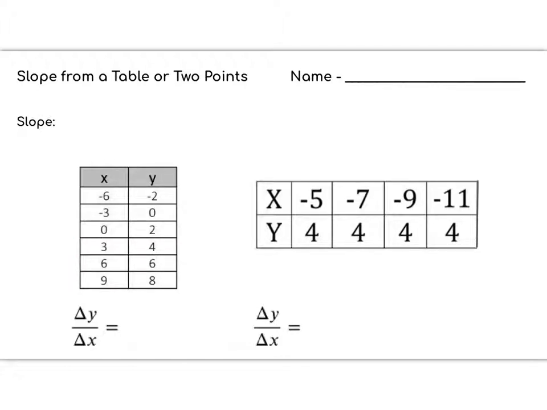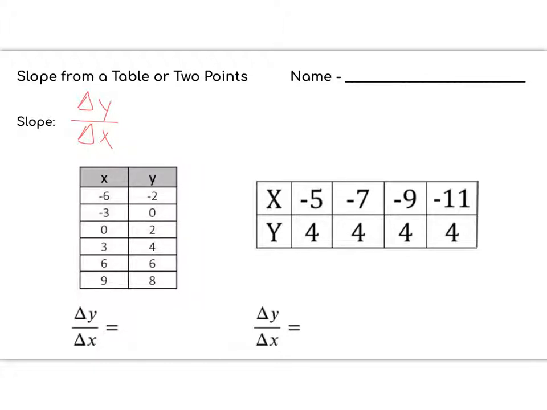And we want to remember that slope is the vertical change of a line over the horizontal change of a line. And to write that a little shorter, we're going to call that delta y over delta x. The slope of a line is its change in its y coordinates over the change in the x coordinates.